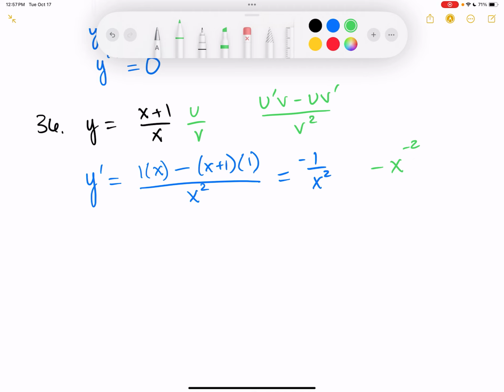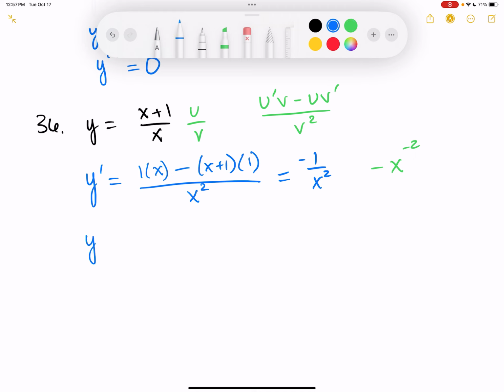Which way do you want to do it? It's going to give you the same answer either way. Not the quotient rule, the other one. Okay, just take the derivative normally. That's probably a good option, because the quotient rule takes a lot longer. It does. And your answer will be the same regardless.